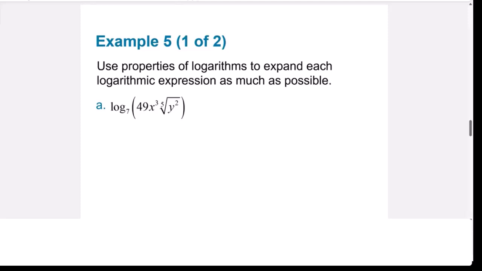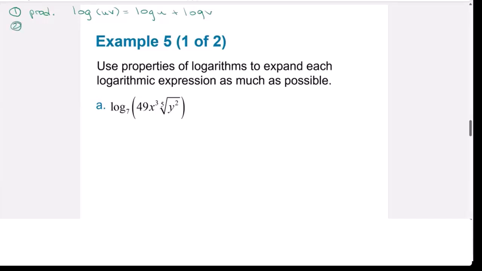Let's use properties of logarithms to expand each logarithm expression as much as possible. Number one, product rule: the log, and I'm not going to put the base, but it doesn't matter what the base is, of u times v is log of u plus log of v.